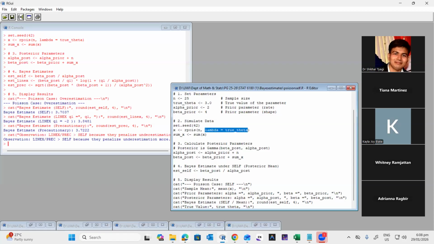We do not want to change the random sample again and again, so we fix the random sample with the command set.seed here. I hope you are able to see this. Are you able to see our programming, the R window?